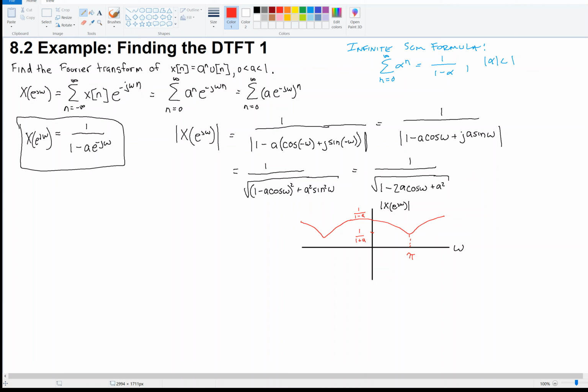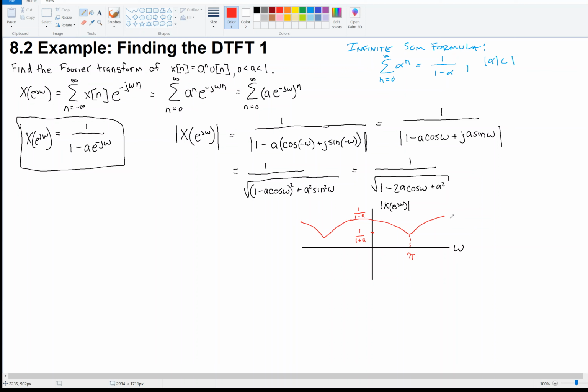When you plug in 0, cosine of 0 is 1, and you get 1 minus 2a plus a squared, and that can be factored into 1 minus a squared, and then you take the square root of that and you get 1 over 1 minus a. At pi, cosine of pi is negative 1, so this becomes 1 plus 2a plus a squared, and that can also be factored. You take the square root, that becomes 1 over 1 plus a.